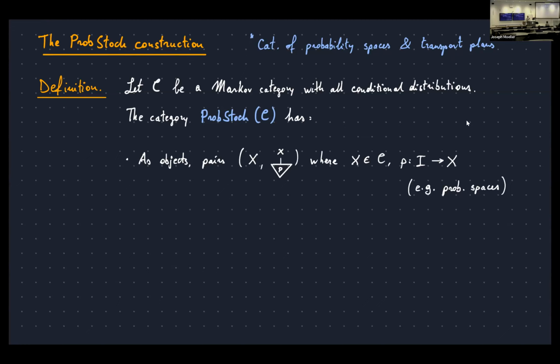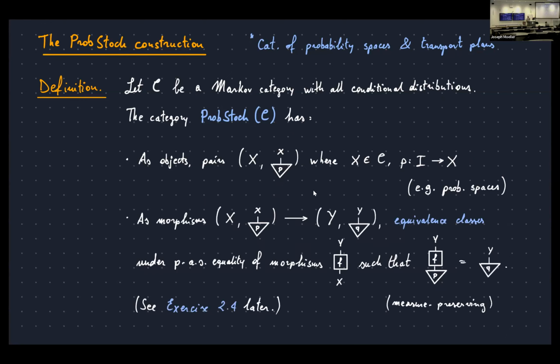Let's do that. So given a Markov category that has all conditional distributions, like FinStoch, like BorelStoch, unlike Stoch, the category ProbStoch has as objects pairs, where the pair has an object of C and a state on it. So imagine a space with a probability measure on it, which is like your fundamental reference measure. You can put other ones, but this one is always your reference.